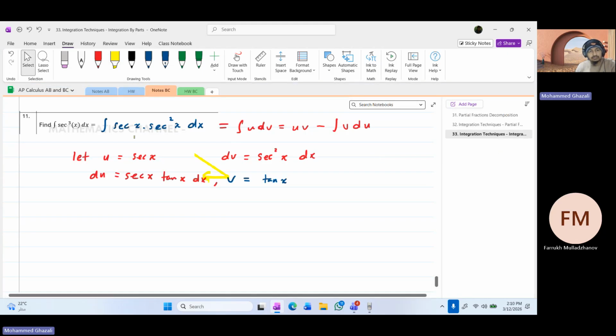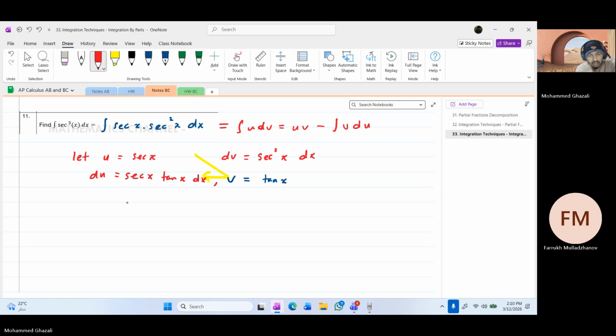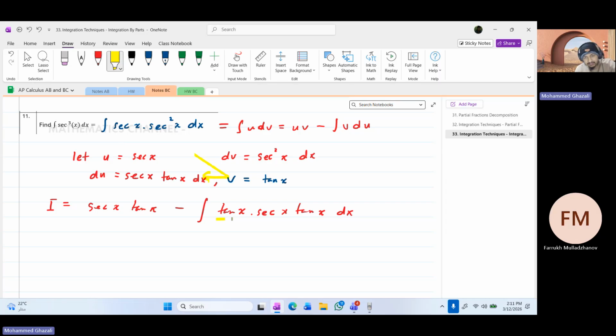So the integral is now equal to uv, which is sec x tan x, minus the integral of v du. v is tan x, and du is all this. But now we've got tan squared here, okay? Correct.